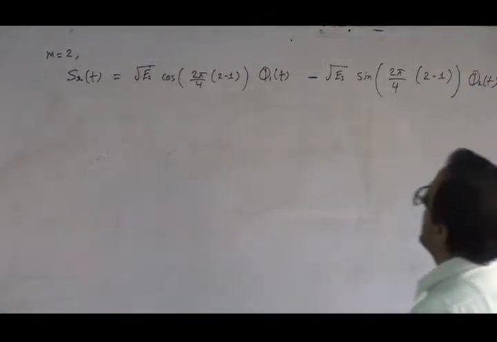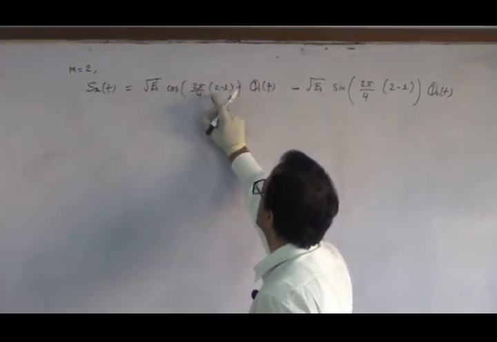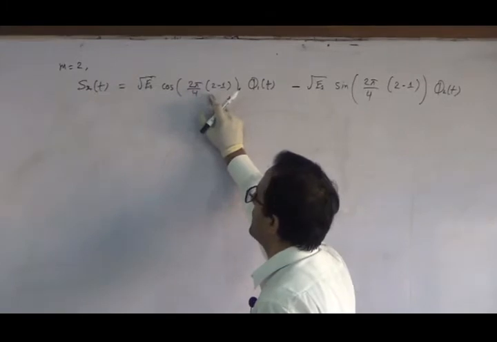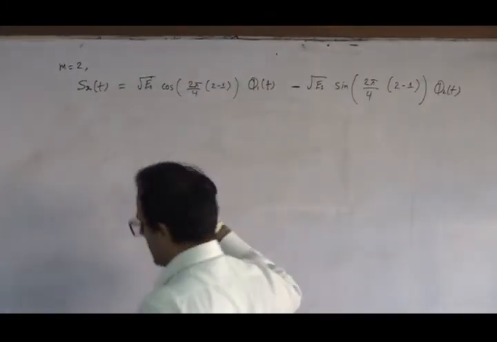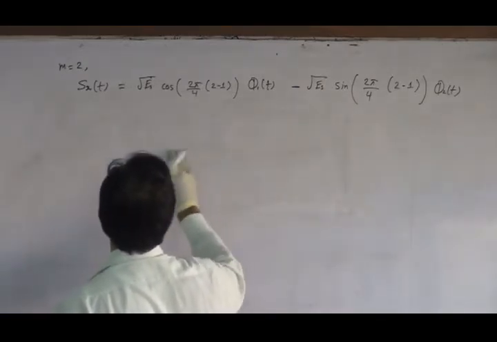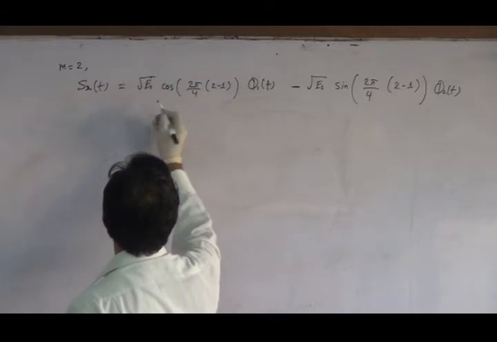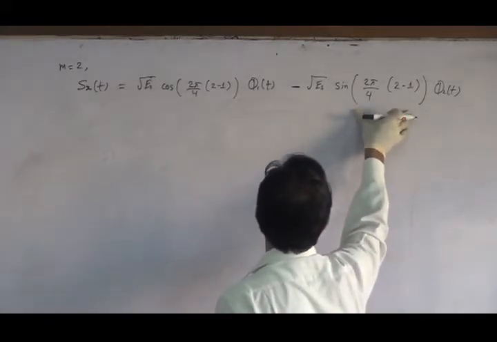Now what's the phase? 2 minus 1 is 1. 2 pi by 4 is the phase, or in other words, pi by 2 is the phase for this particular scenario, right? So cos of 90 is what? 0. This term will be 0. What about this? Sine of 90 is 1.